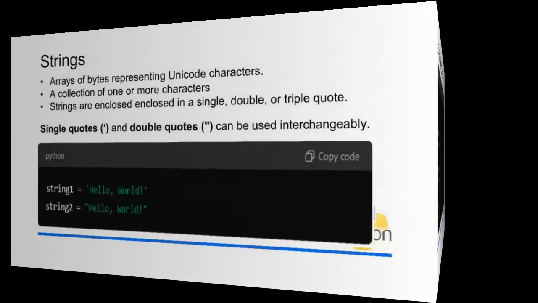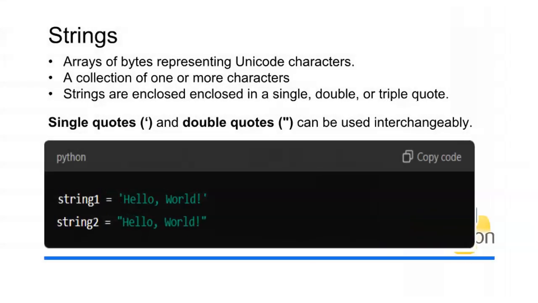Python strings are sequences of characters used to represent textual data, encapsulated within single, double, or triple quotes. They support various operations, including concatenation, slicing, and formatting, making them versatile for handling text. Python provides a rich set of built-in methods for string manipulation, allowing users to modify and query strings efficiently.